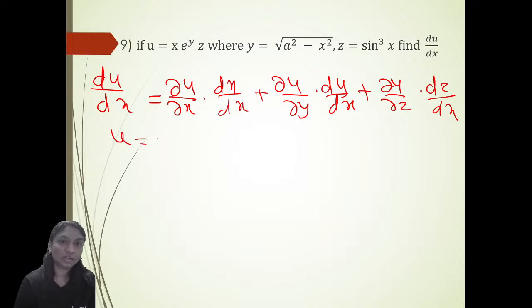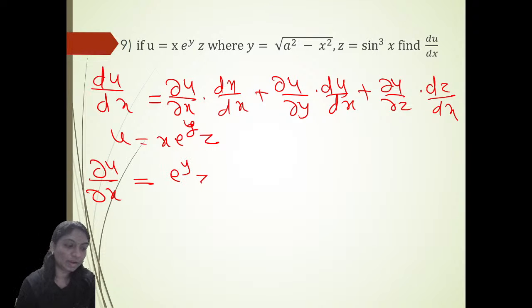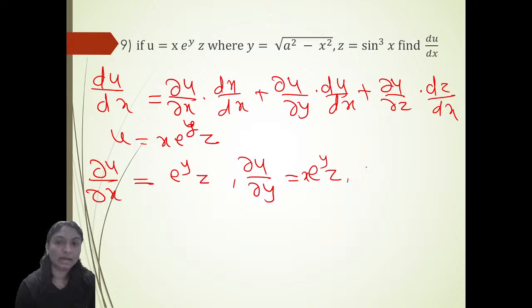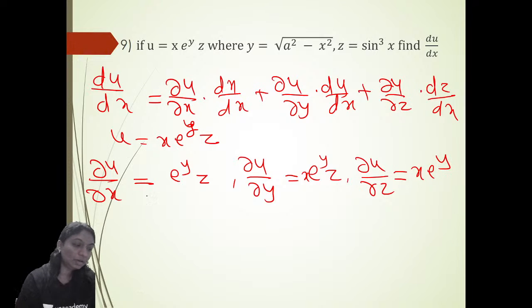So here u is equal to x e raised to yz. So calculate ∂u/∂x: you will get e raised to yz. ∂u/∂y: x z e raised to yz. And ∂u/∂z: x y e raised to yz.